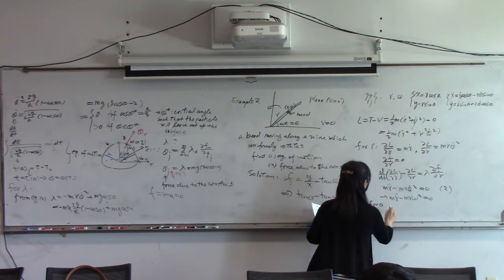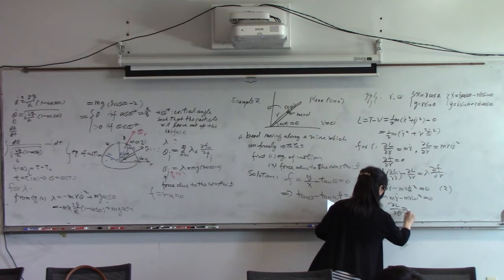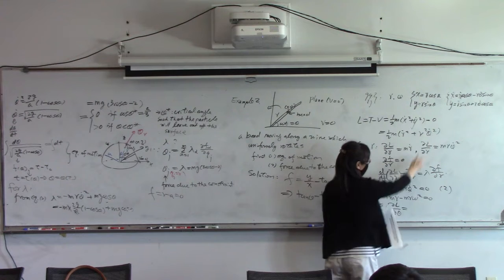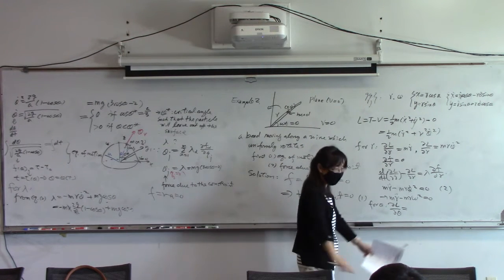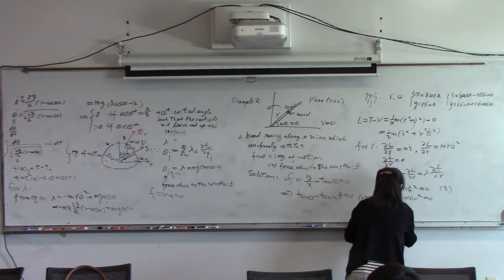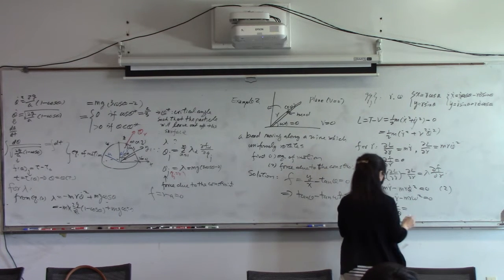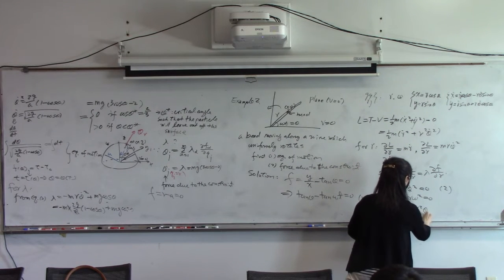Now for theta, partial L, partial theta dot. That is why I want you to keep it here. If you keep theta dot, not omega, you have this term. If you keep omega, you always say, oh, that is constant, and you miss this term. That is what I found in the previous class, the student had this. So now we have m r square theta dot, right?